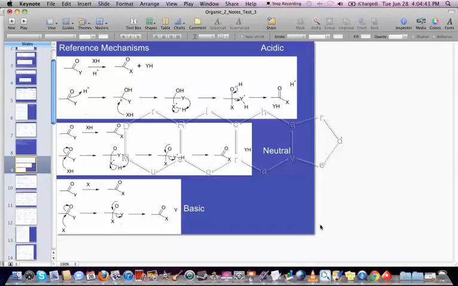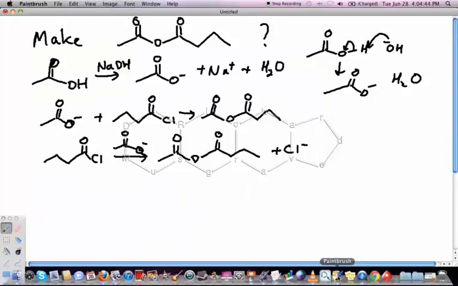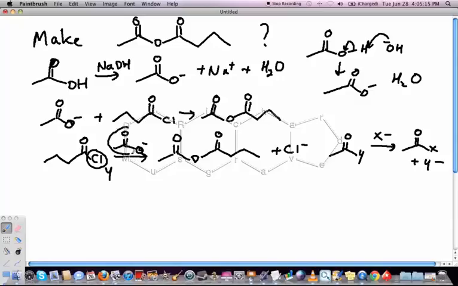Alright, let me show you how that works in this instance. I'll repeat the pattern over here so you can see it. Alright, so there's our pattern. You can see that this is going to be Y. This whole thing is going to be X negative.